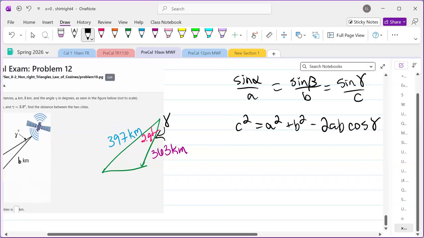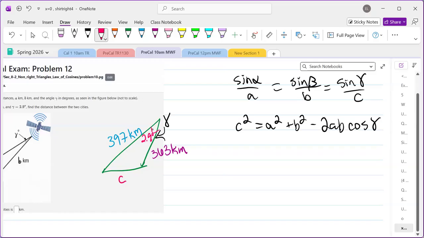So if I've decided to call this 2.9 degrees gamma, then which side is C? Is it the 397, the 363, or the third side? Yep. C has to be opposite angle gamma.